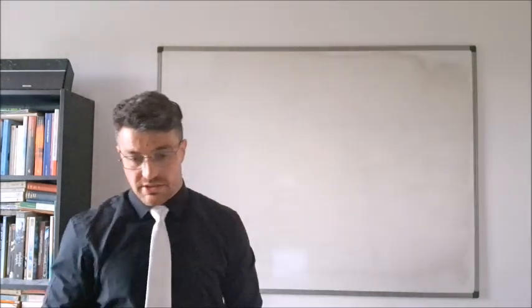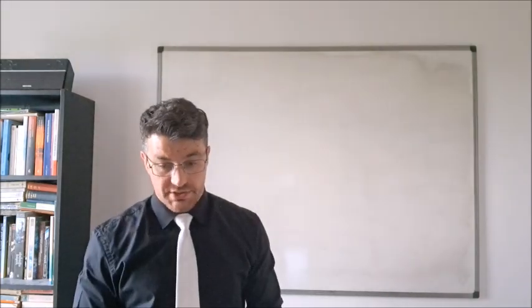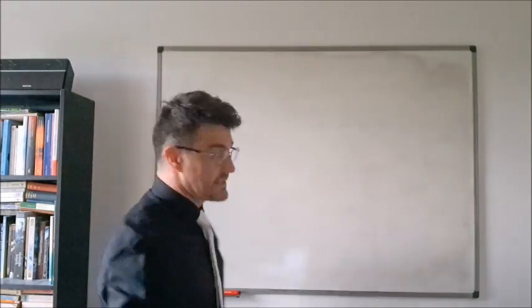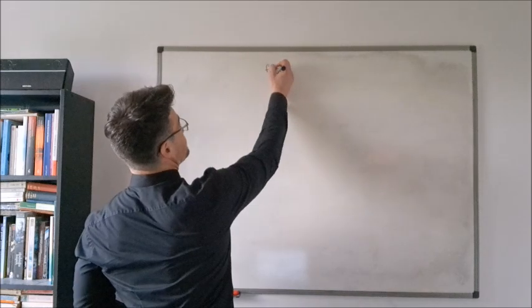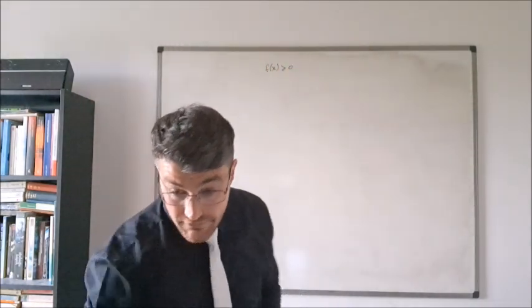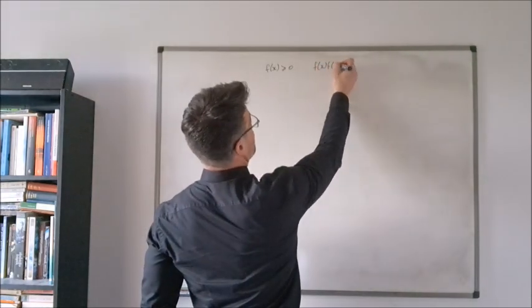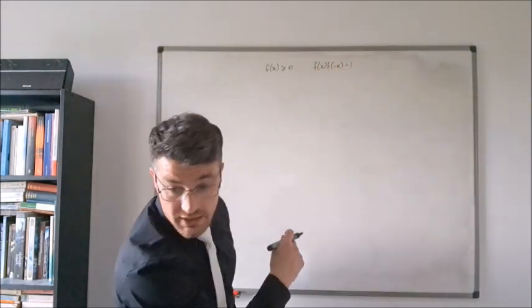Okay, so let's take a look at part 3 of this problem. So let f be a continuous function such that for all x, f of x is greater than or equal to 0, and f of x times f of minus x is equal to 1.